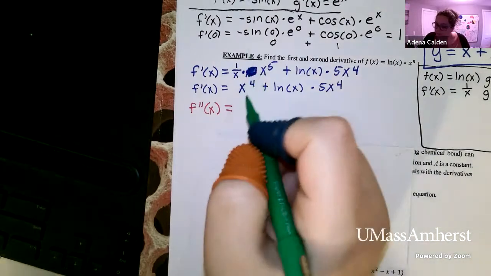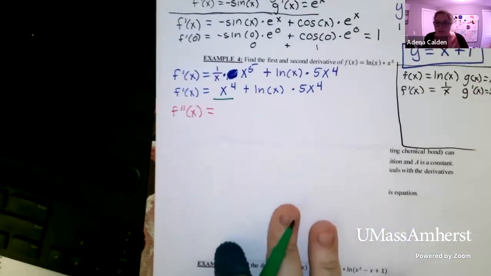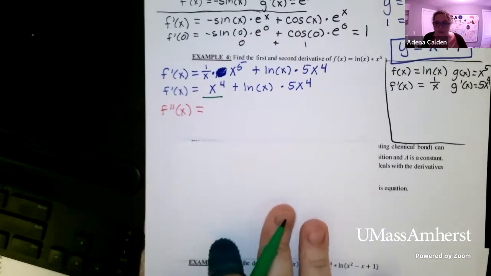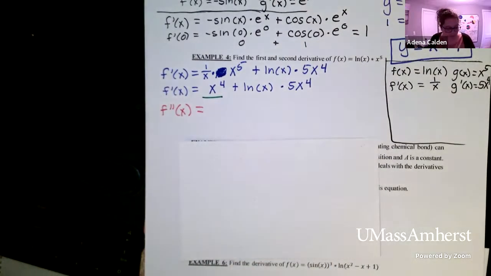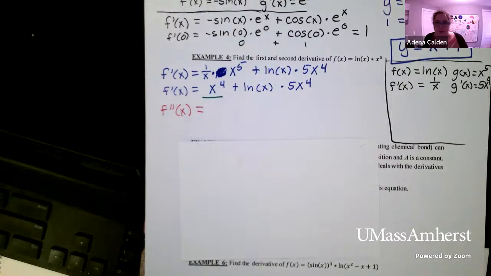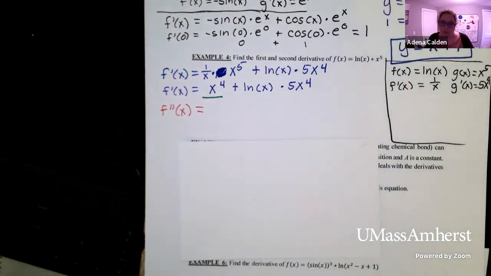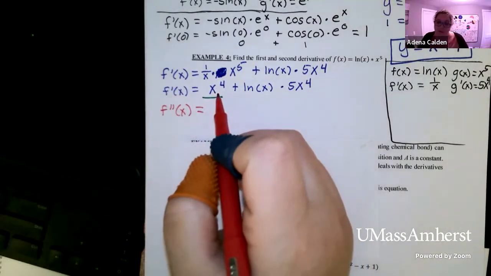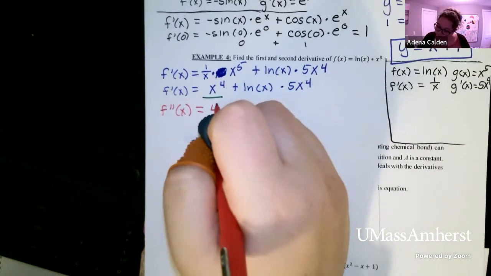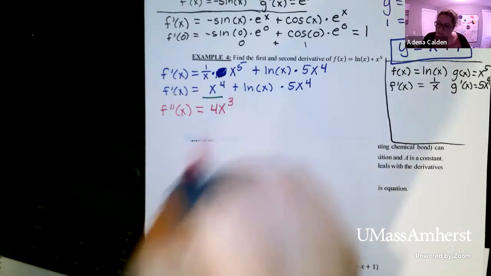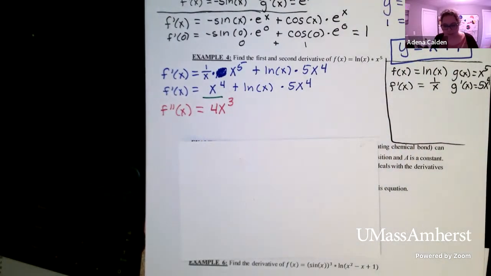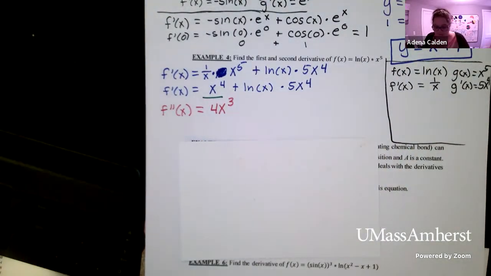So the first term is x to the fourth. x to the fourth is a derivative that we can take without any special rules, right? We can just use the power rule here. We don't have to use a chain rule or a product rule or anything like that. So the derivative of x to the fourth is 4x cubed.